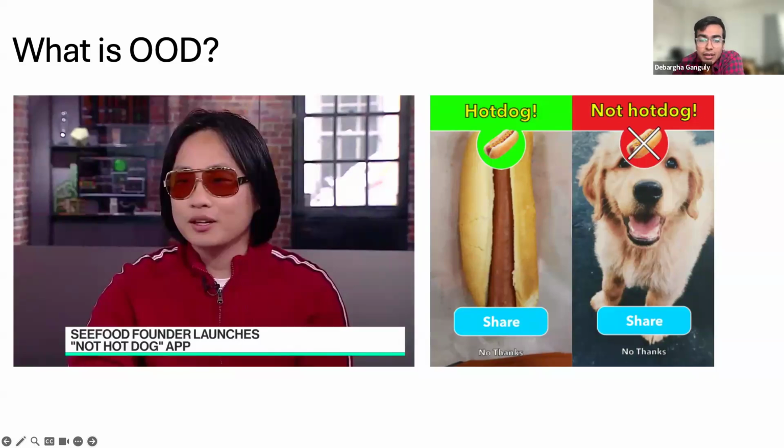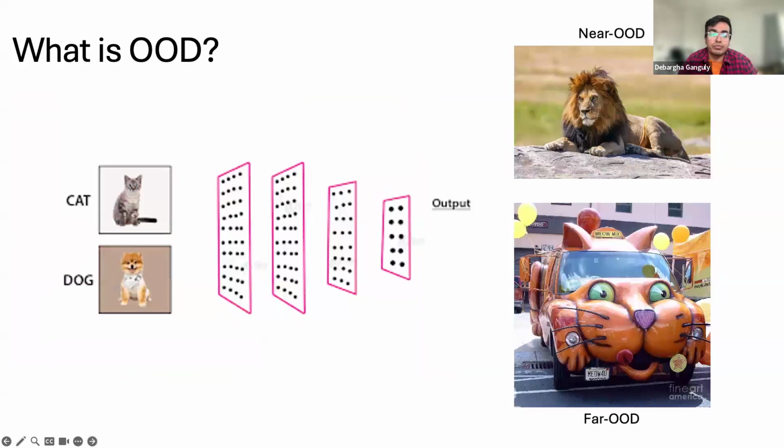We have limited data, and the data that we train on is usually not the only data that we see when we actually put this model into the real world. So let's say you're building a very simple cat versus dog classifier. You can obviously get things from your test distribution of either cat images or dog images.